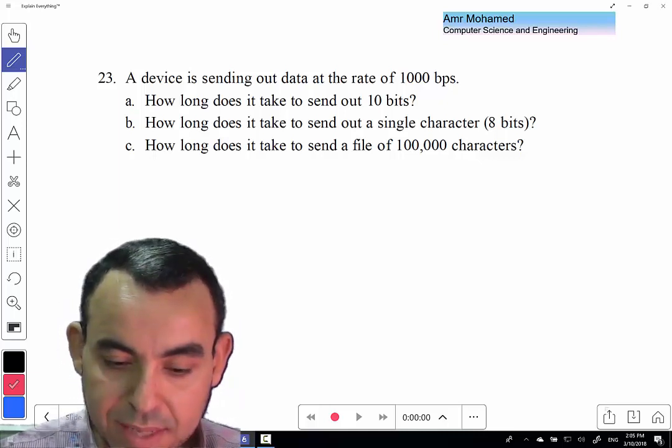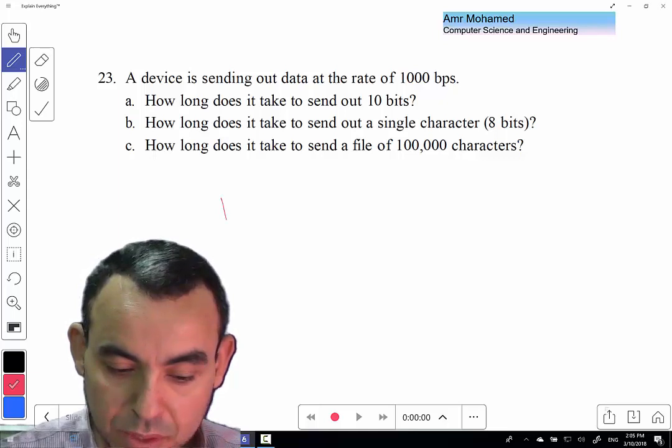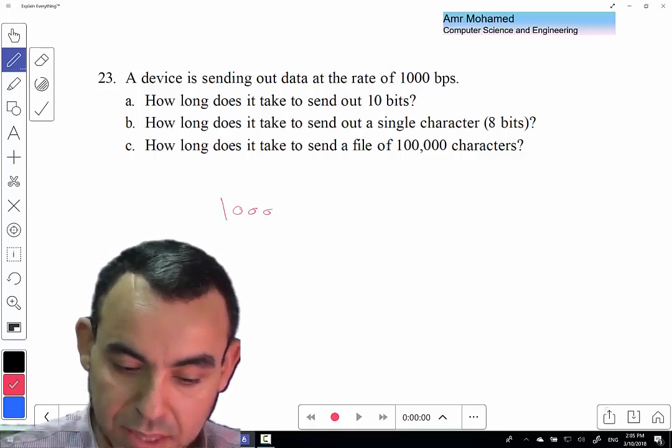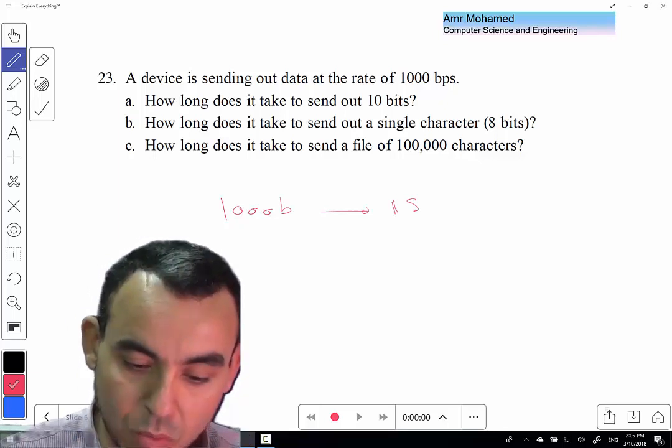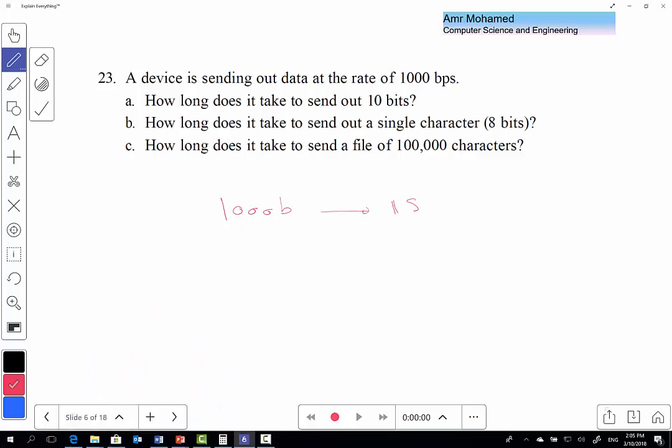The meaning of the rate is that each 1000 bits take 1 second. So what is the time that 10 bits will take? So we need to find that time, which is actually based on the X rule.